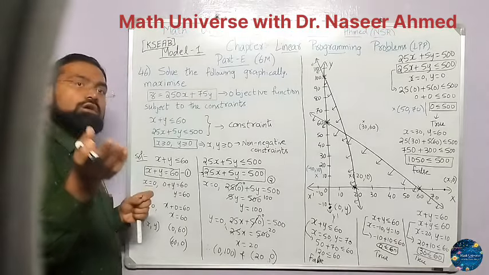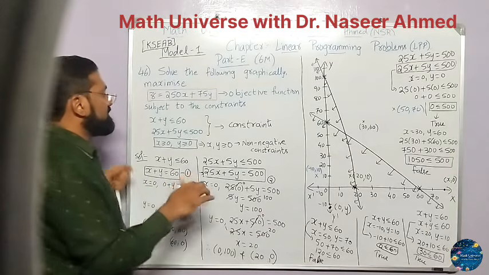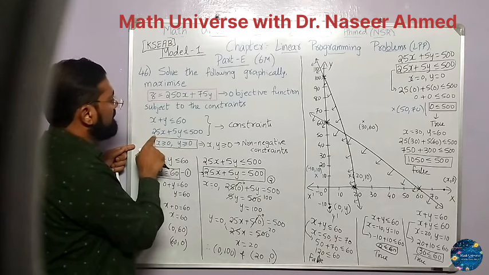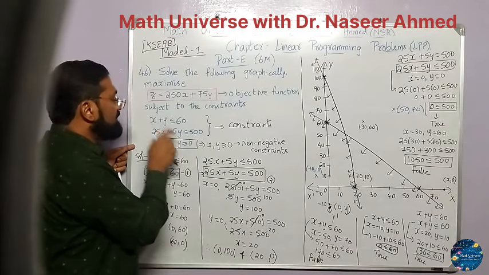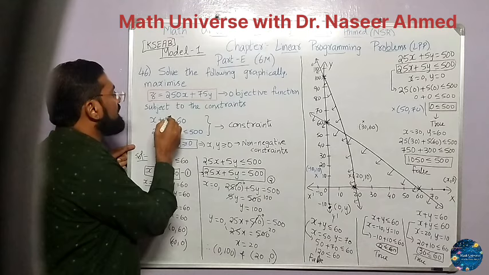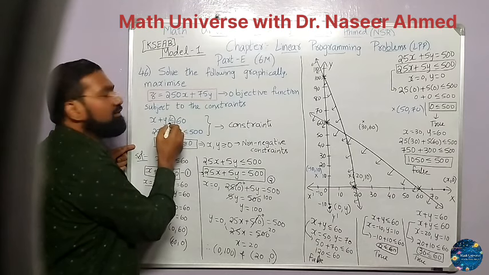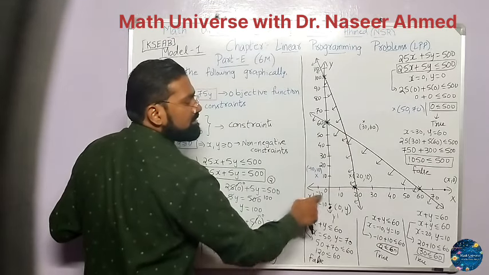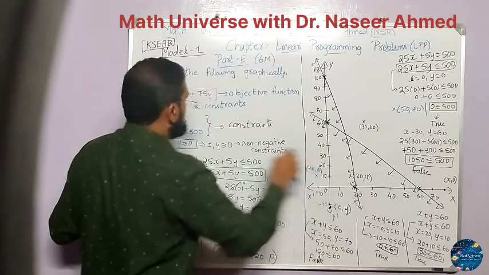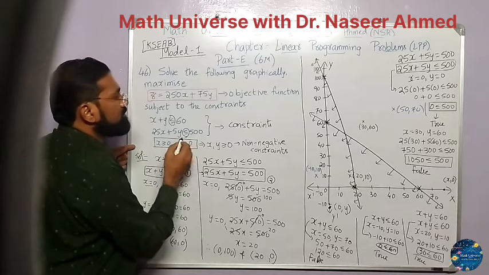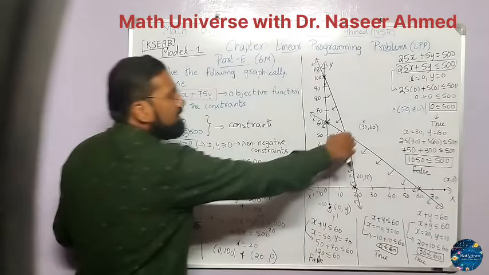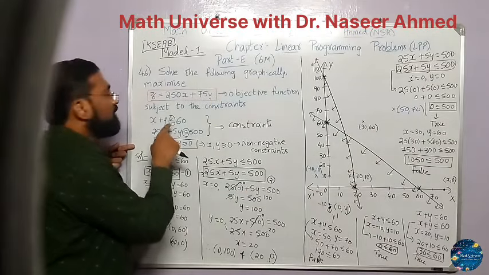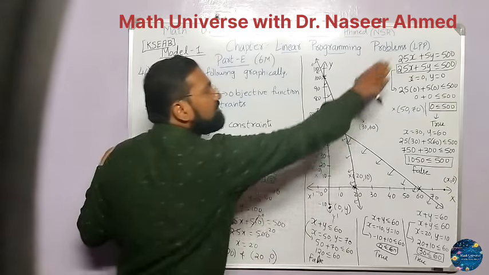But just to know how this trick works: if x multiple is positive, y multiple is positive, and the constant on the right hand side is positive, then you have to follow this. Less or equal to means towards the origin. Origin you can see here. Here also we have less or equal to, so it is towards the origin. So whenever you have less or equal to, it will be towards the origin. And if you have greater or equal to, it will be away from the origin.